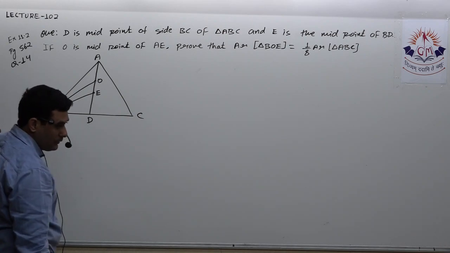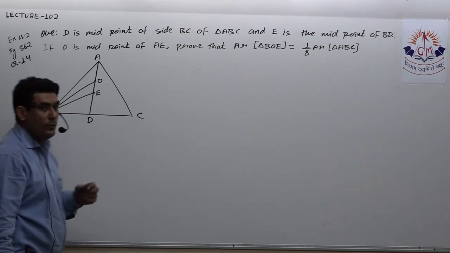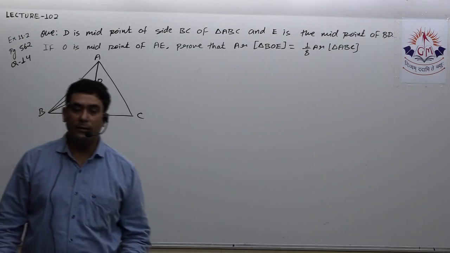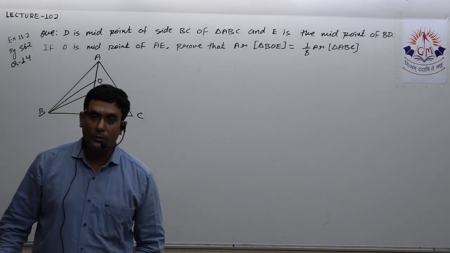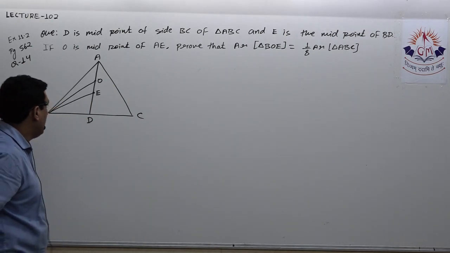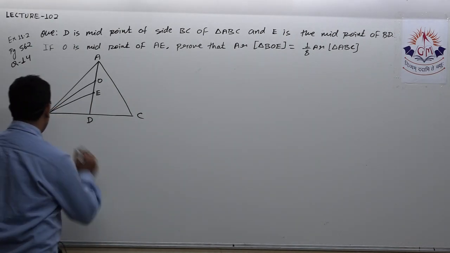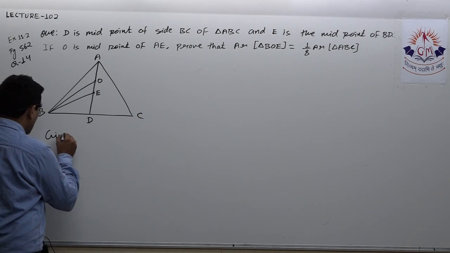Throughout this question, we need one concept: a median of a triangle divides it into two triangles of equal area. So let us see how to prove.